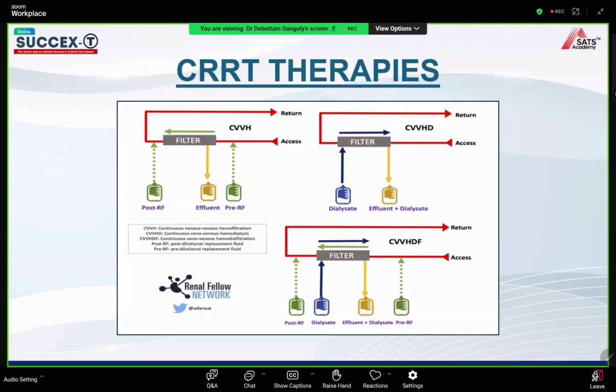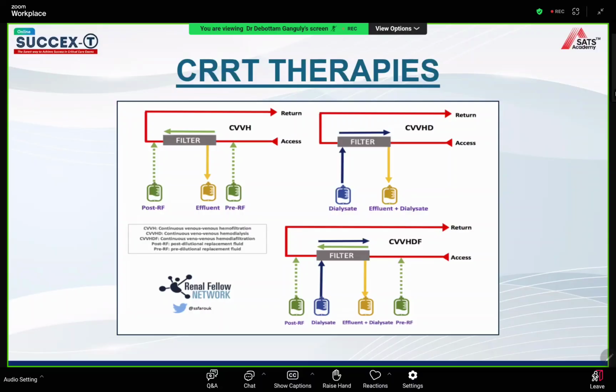For the convection method, replacement fluid is there, because we need some amount of force to help drag the solvent. That replacement fluid could be pre-filter or post-filter fluid. Replacement fluid is used to increase the amount of convective solute removal during CRRT. Replacement fluid does not replace anything.